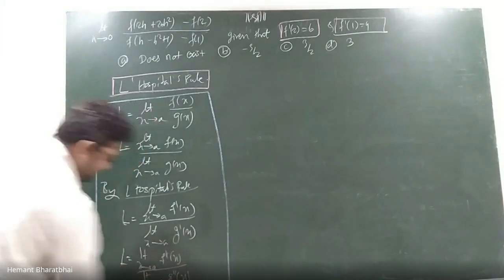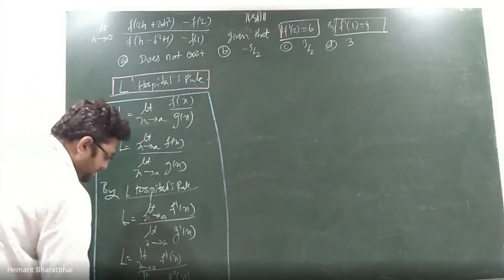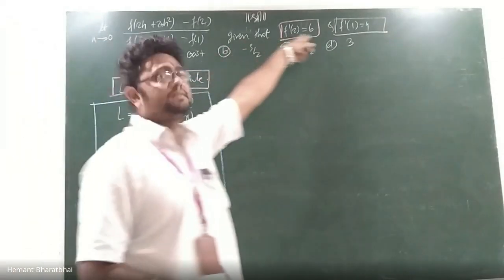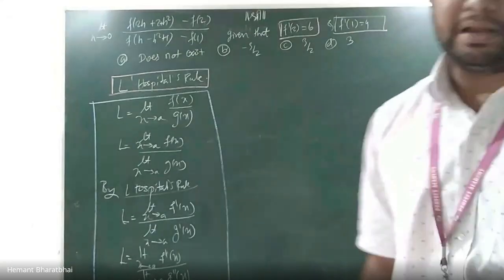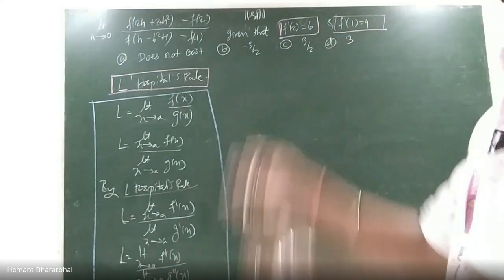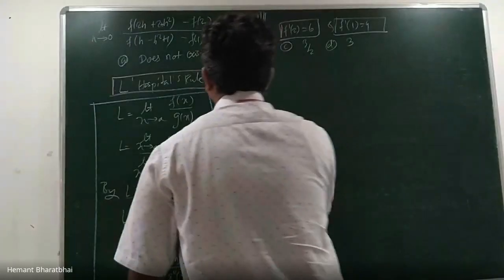L'Hospital's rule is nothing but taking derivative of numerator and denominator. So here he has given us in terms of f dash, which means he has given in terms of derivative. It clearly gives us an idea that I have to take derivative over here.